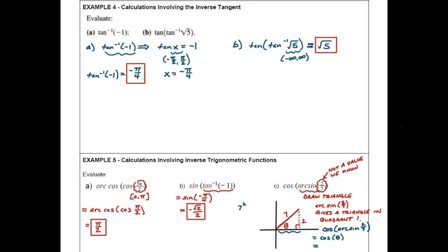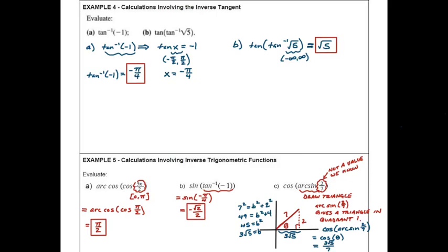So in order for me to evaluate cosine, which is adjacent over hypotenuse, I would need to find the adjacent side, which in this case, if I use the Pythagorean theorem, would be 3 root 5. So that means the adjacent side is 3 root 5, and if I want to find cosine of theta, where theta was the arcsine of 2/7, the angle that gave me this reference triangle, it would be 3 root 5 over 7.